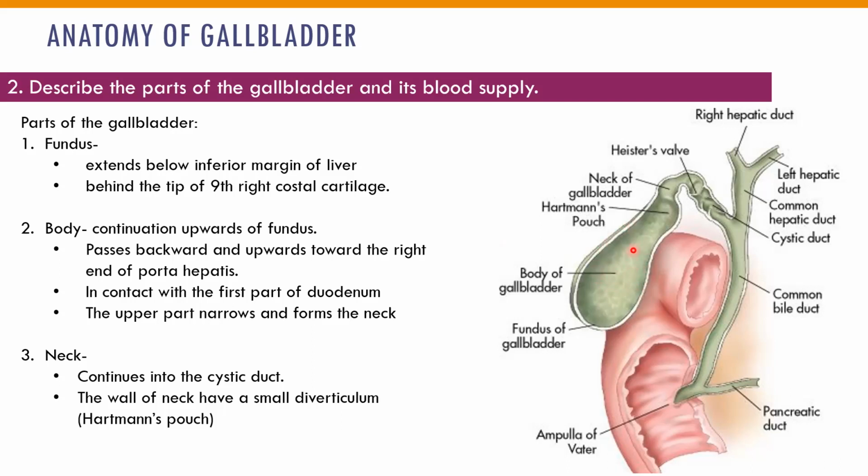It passes backward and upward towards the right end of the porta hepatis, in contact with the first part of the duodenum, and its upper part narrows to form the neck. The neck is continuous with the cystic duct. At the wall of the neck, there is a small dilatation known as Hartmann pouch.